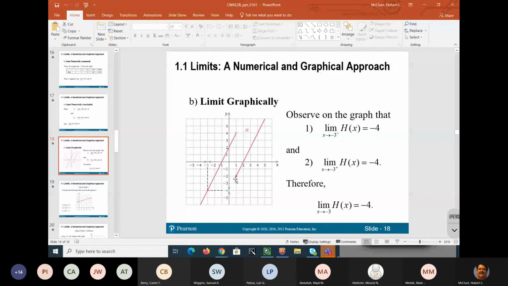Wait a minute. They're doing negative, okay, -3. As I approach -3 from the right, what am I approaching? -4. As I approach -3 from the left, boom, I get -4. So that's what I was showing you a while ago. I'm sorry, I thought they were approaching 1. I just read it wrong.